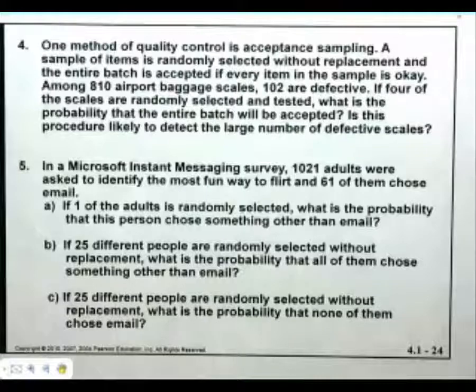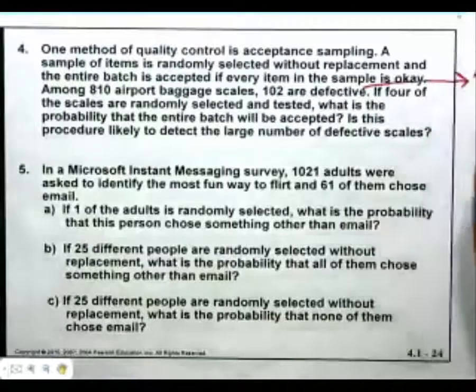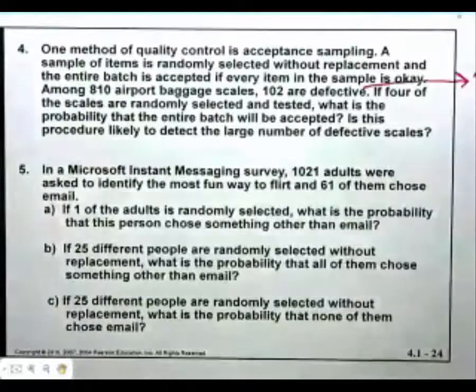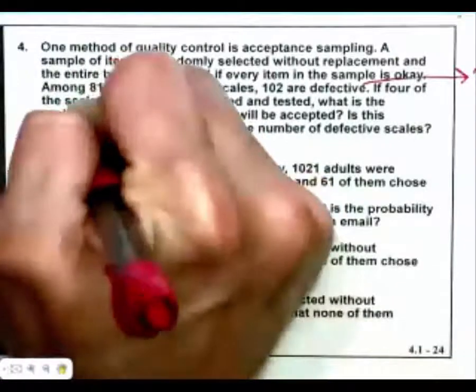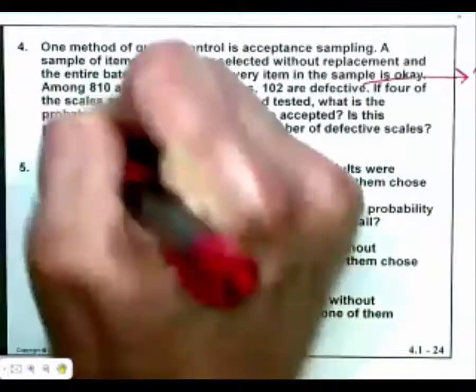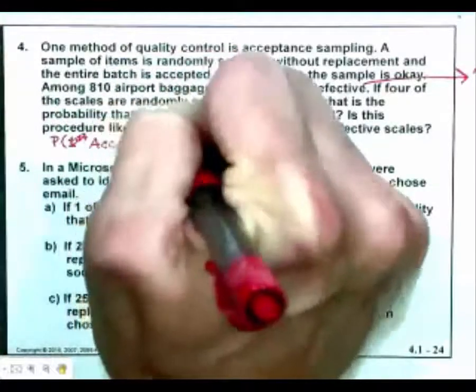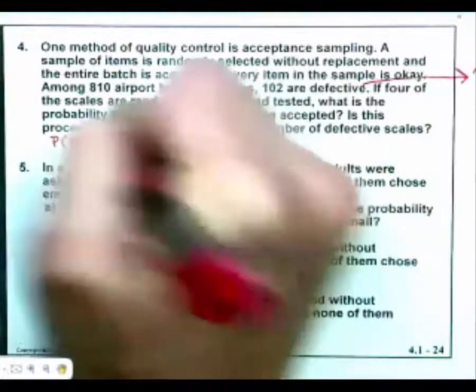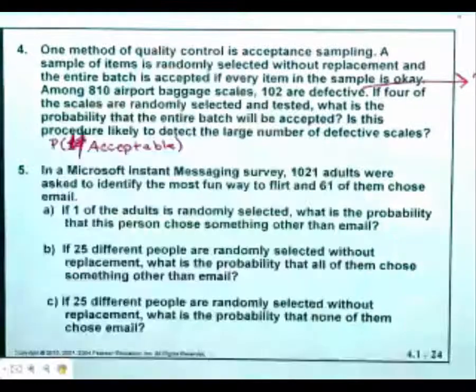That would give you the number of good ones. 102 defective means there are 708 acceptable. And so the probability of acceptable, if you're writing with a pencil, put a big old 4 on that thing I scratched out.